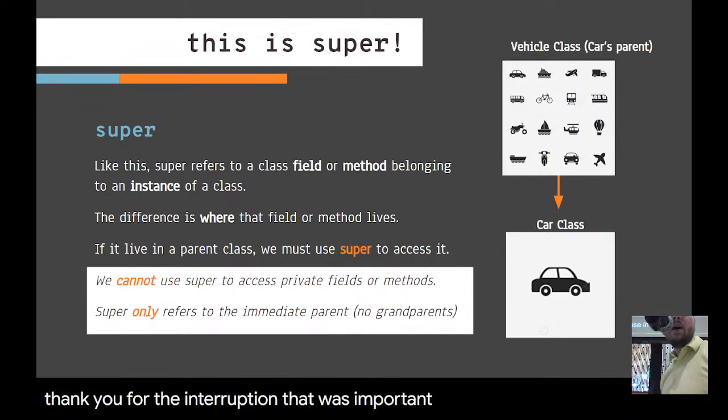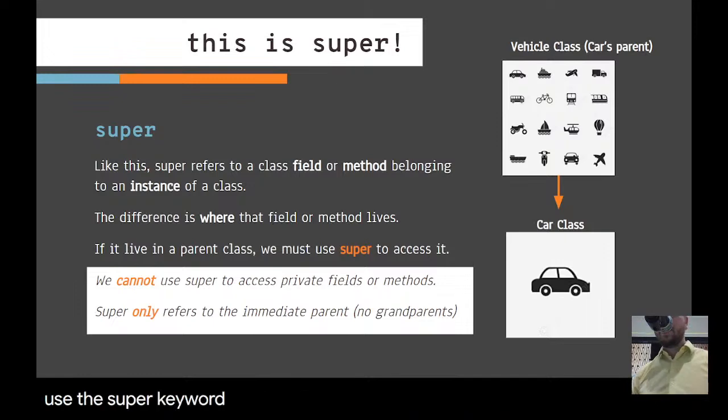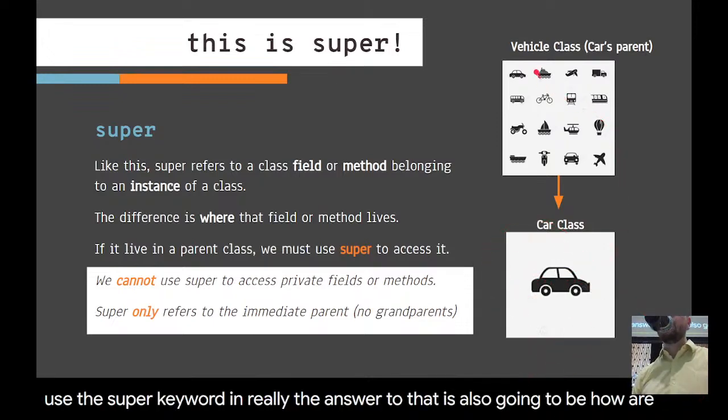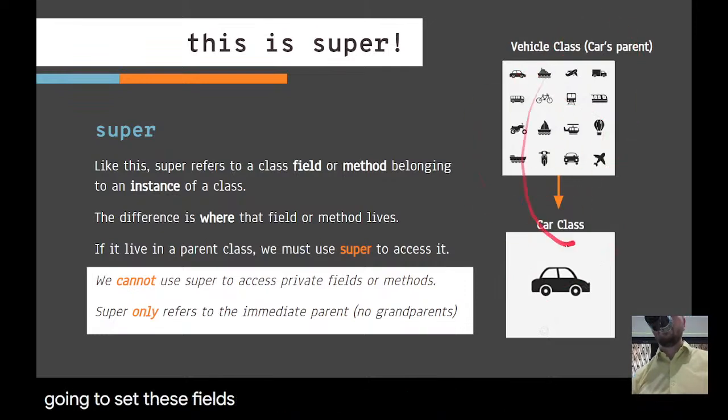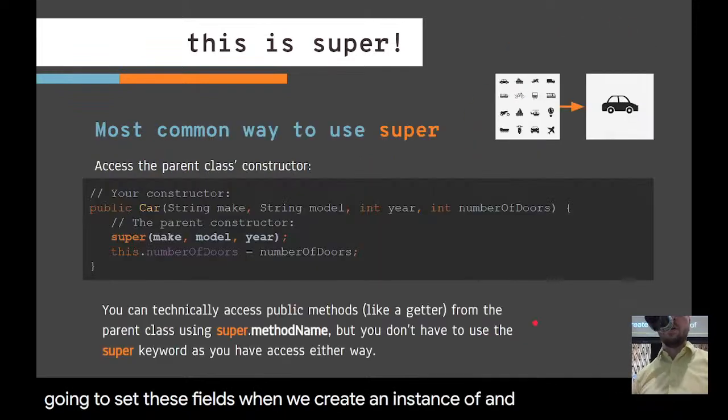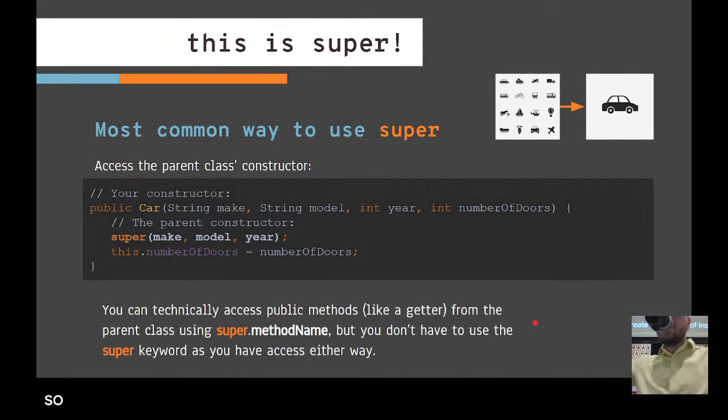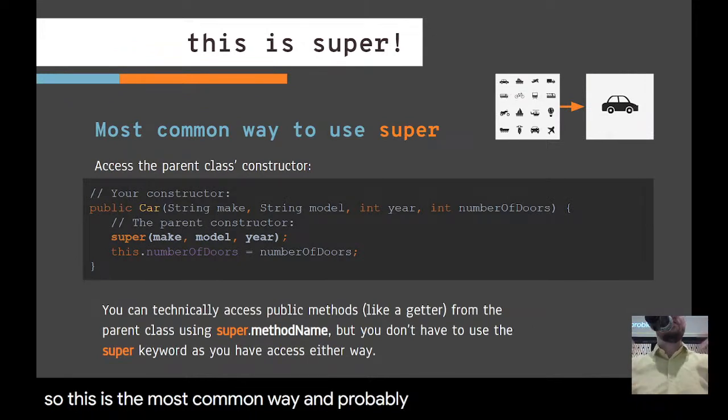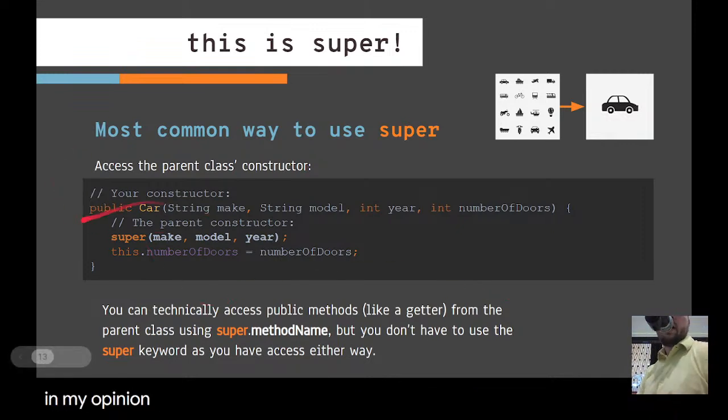That was important. Cool. So, how are we going to use the super keyword? And really the answer to that is also going to be, how are we going to set these fields when we create an instance of the car class? So this is the most common way, and probably the 99% way you'll ever use super, in my opinion. And that is in our constructor.